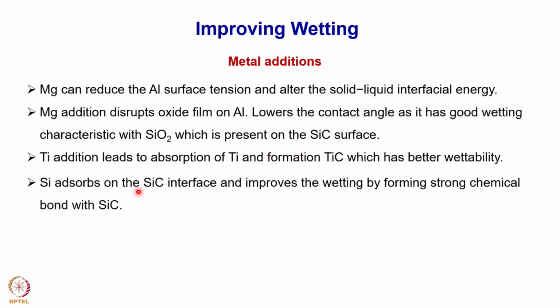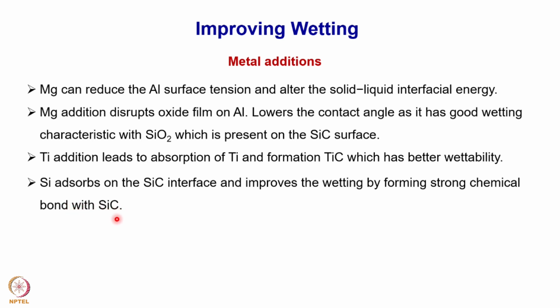And silicon addition, on the other hand, works in the way that silicon will get absorbed on the silicon carbide interface and improve the wetting by forming a strong chemical bond with silicon carbide.